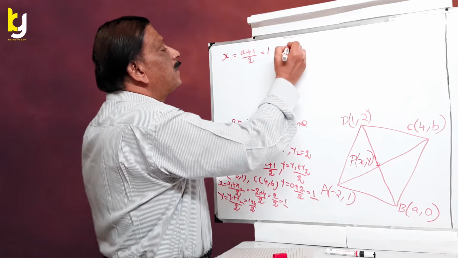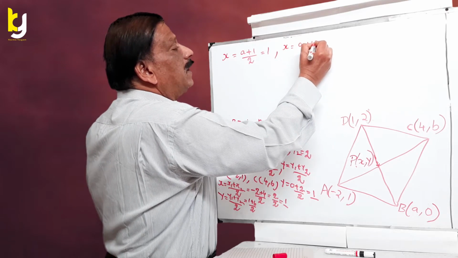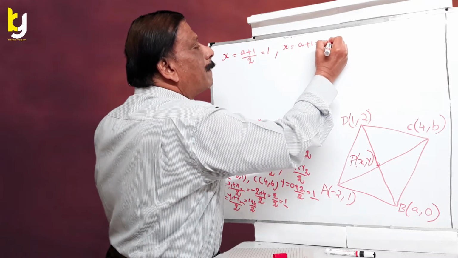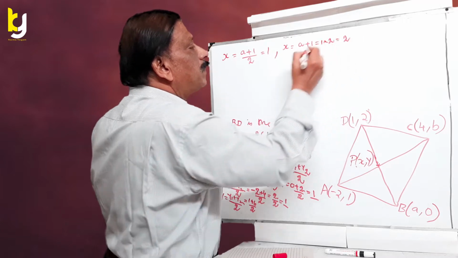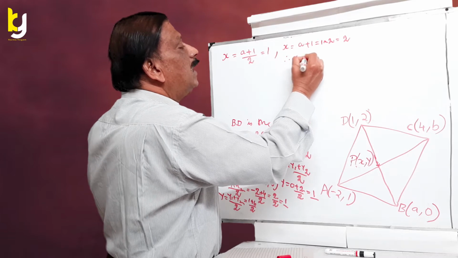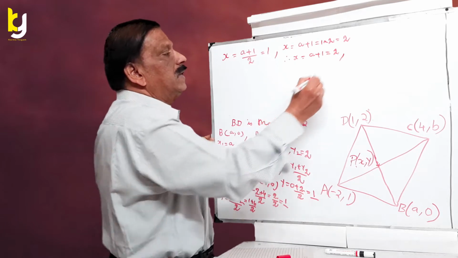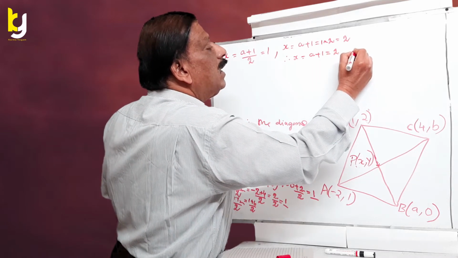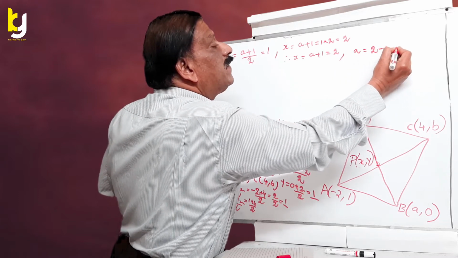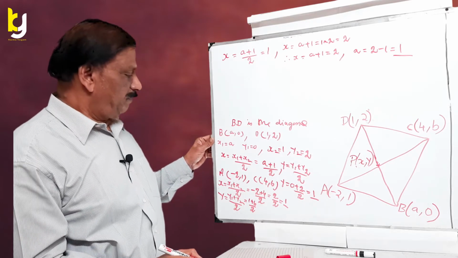That is a + 1, bring 2 to the right hand side, 1 into 2, that is equal to 2. Therefore a + 1 equals 2, that is a equals 2 minus 1, that is equal to 1. We get the value of a is equal to 1.